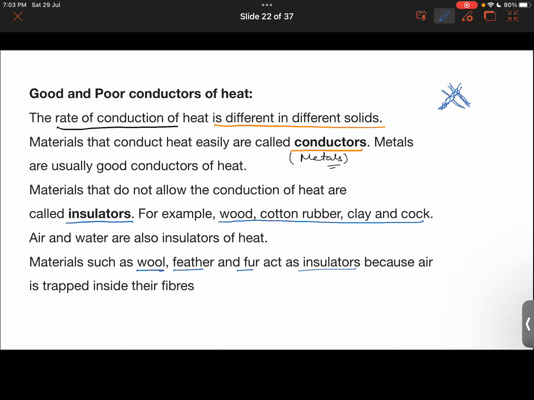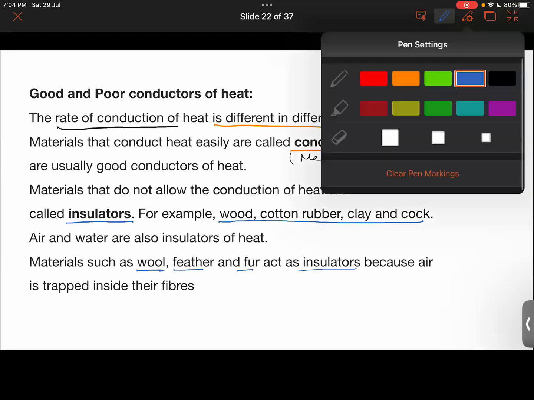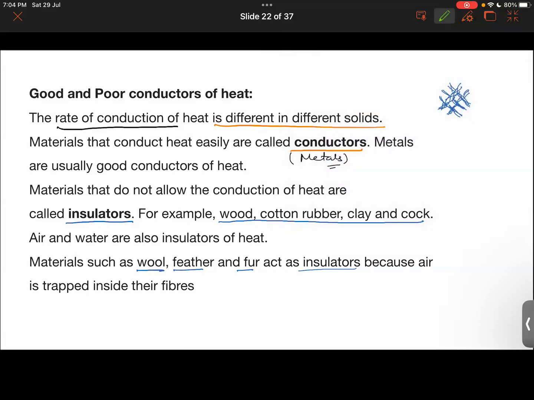So let's say we are taking a closer look at the fibers of a cloth. We have a zoomed-in look here. In between them, let's consider these green circles to be air particles trapped in between the fibers. And we know that air is a bad conductor.